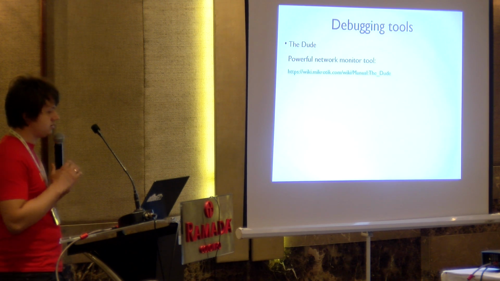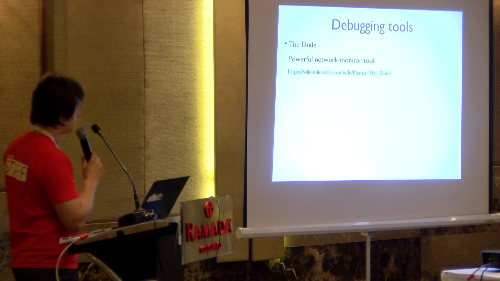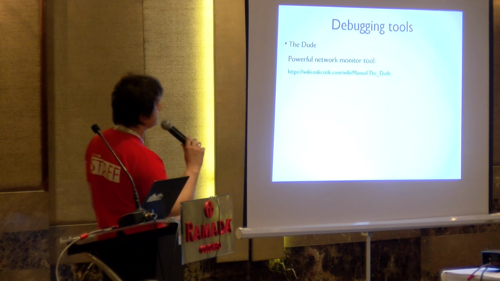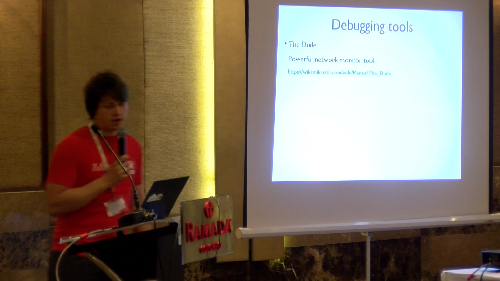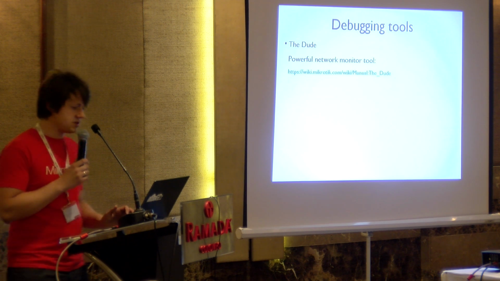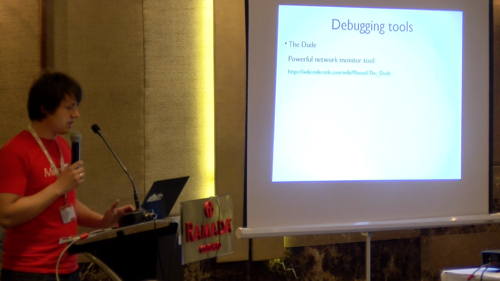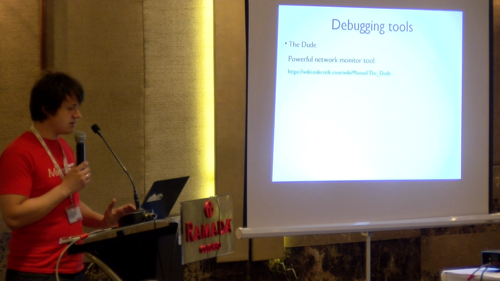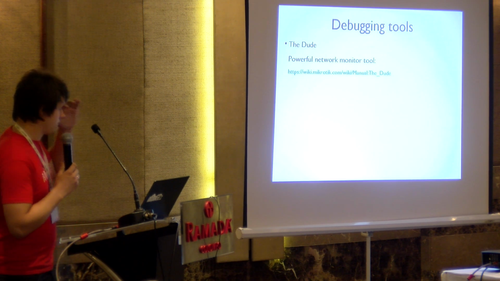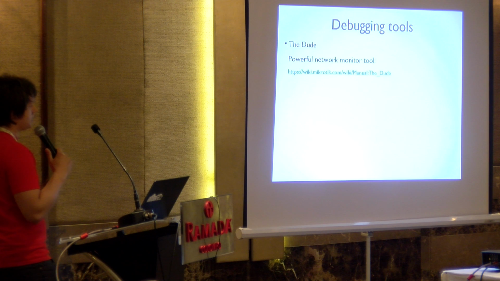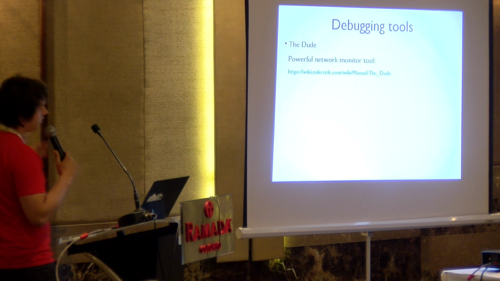and you can use network monitoring software. For example, the Dude, which is made by MikroTik. This software is completely free. Now it's built inside the routers. So the Dude allows you to monitor all your network.